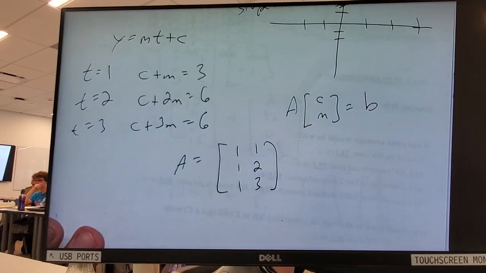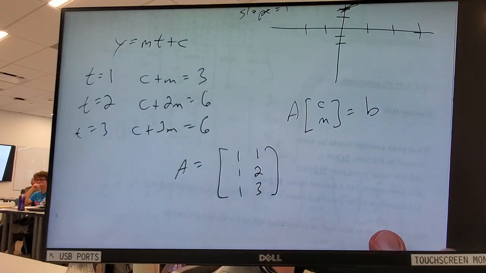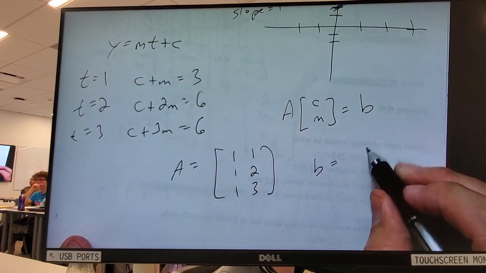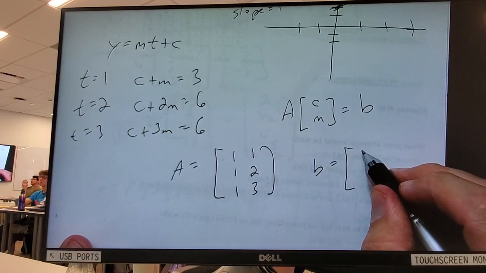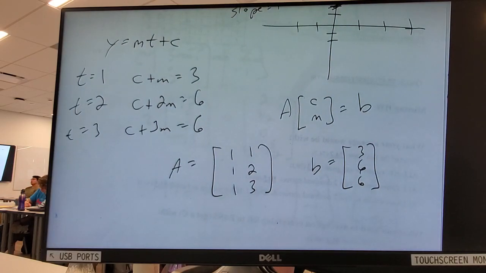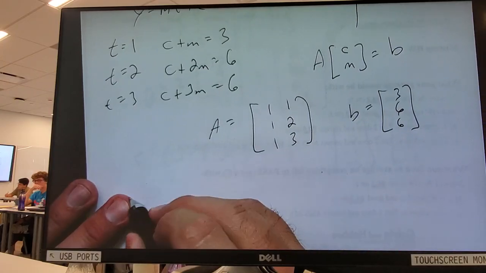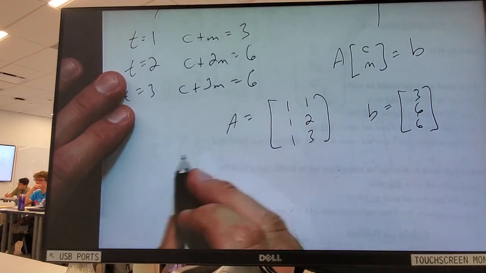Okay. So now, before I go too far with this, we've got all the elements we need. What's B, by the way? 3, 6, 6, 11. So we can start attacking this thing, but I do want to say a couple things in general before we attack this.